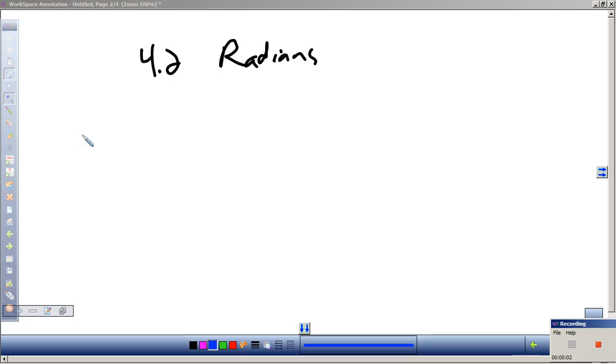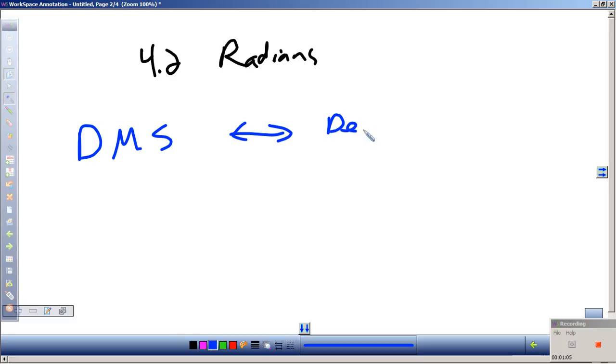Now, first thing before we talk about radians, a type of conversion you need to be able to do. You know what DMS stands for? Any guess?